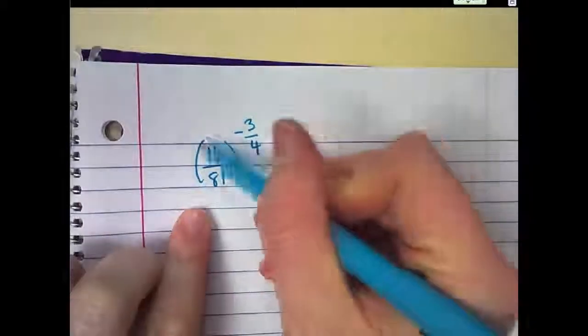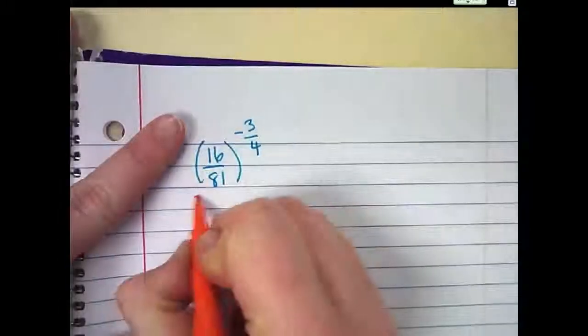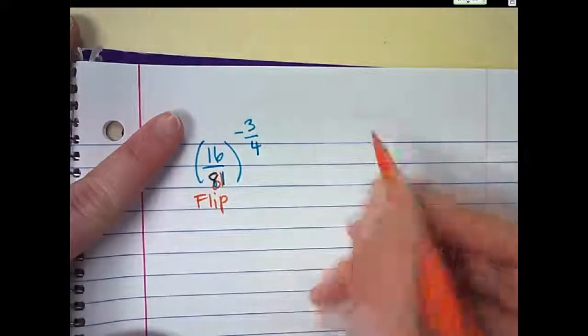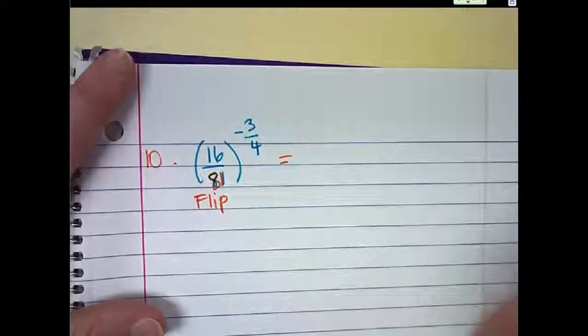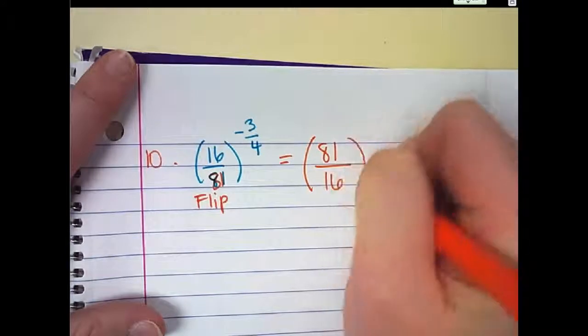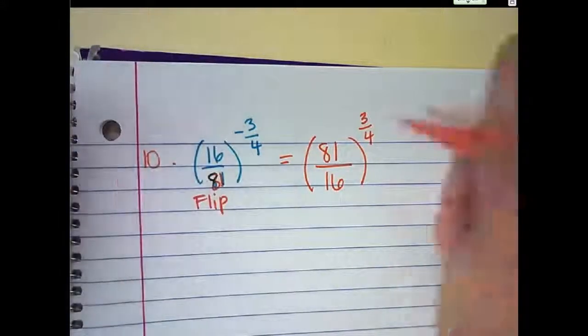So what do I do with this fraction inside? You flip it, good. So I'm going to flip the inside, so it becomes 81 over 16, and then this stays positive 3/4. Don't flip the exponent. I've seen people do that too.